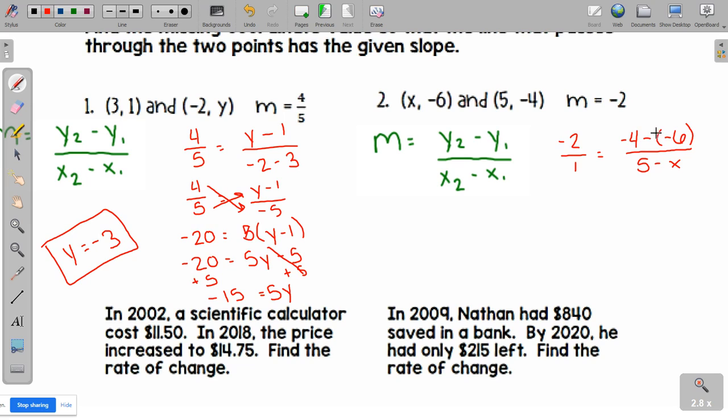Simplify. Negative 4 plus 6 is a positive 2. Cross multiply.